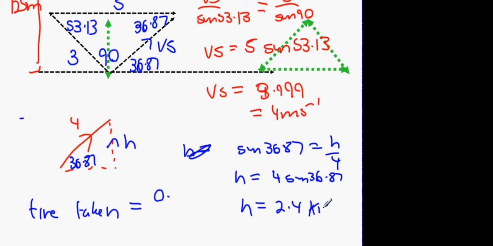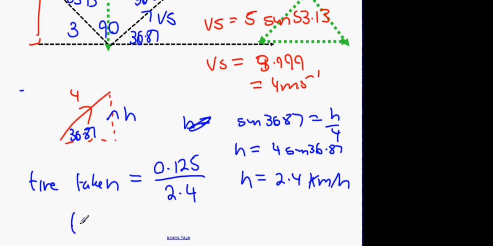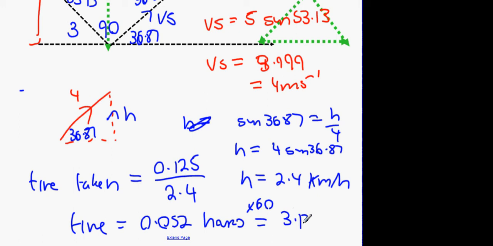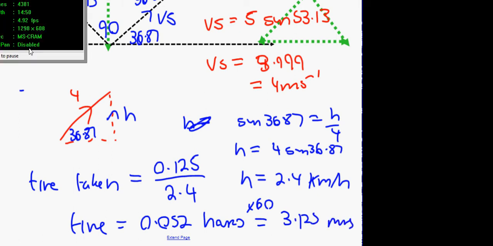So it's kilometers per hour. So it's 0.125 divided by 2.4, and what do we get? 0.052 hours. Or multiply with 60 to get 3.125 minutes. Okay, guys.